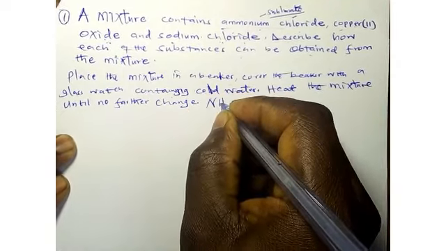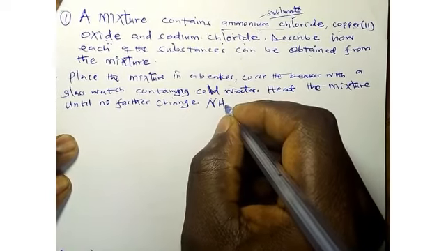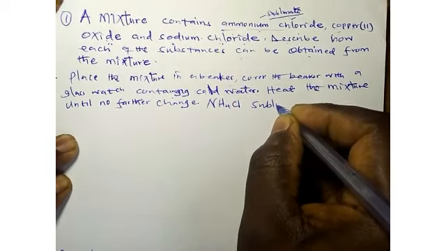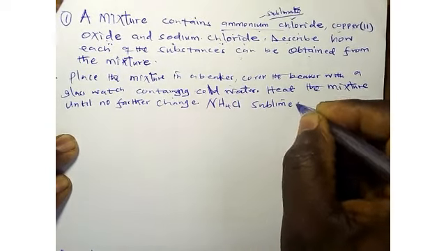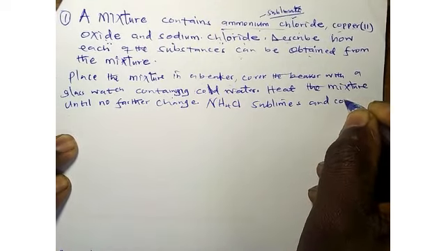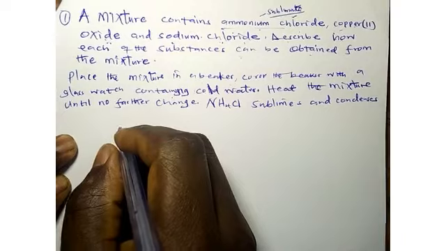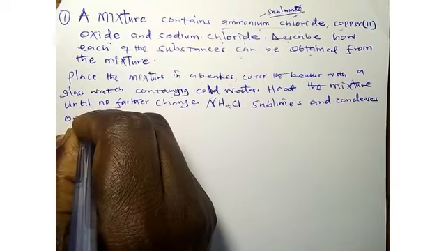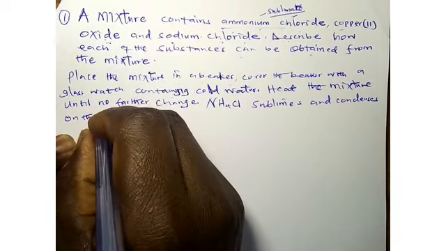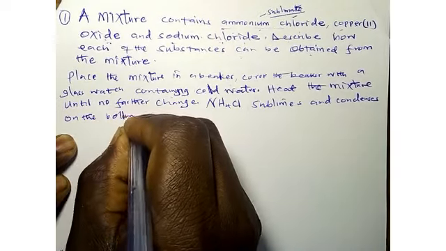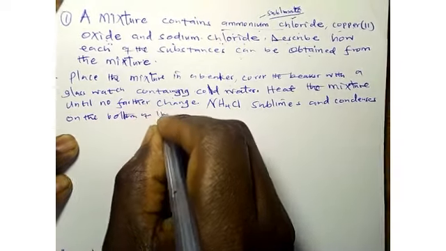So ammonium chloride sublimes and condenses on the cold water, on the bottom of the watch glass.